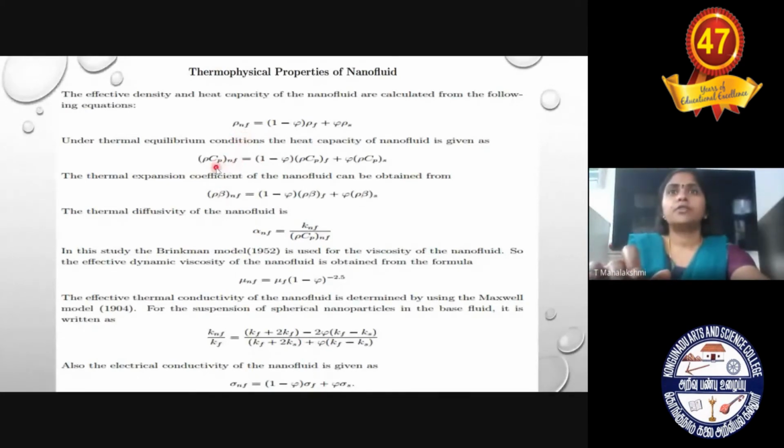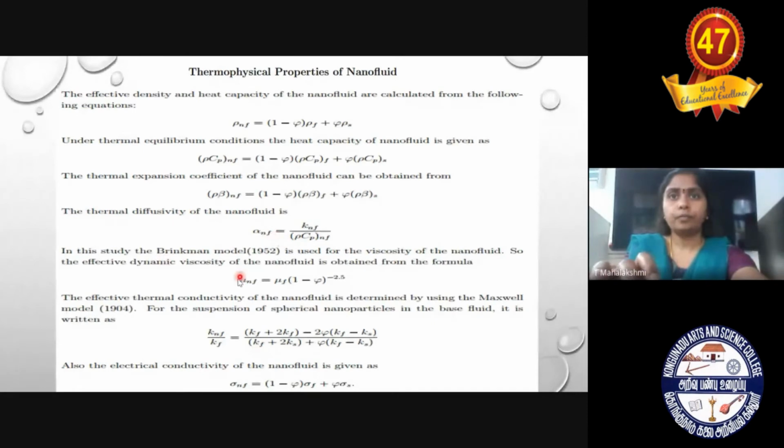Rho Cp NF is the heat capacity under thermal equilibrium conditions, the thermal expansion coefficient is rho beta NF, and the thermal diffusivity of the nanofluid is defined by alpha NF. In this calculation, we consider the thermal conductivity of the nanofluid and the thermal equilibrium condition.